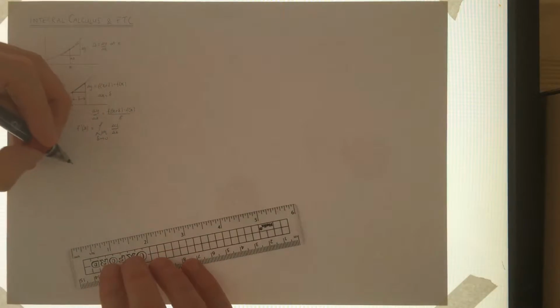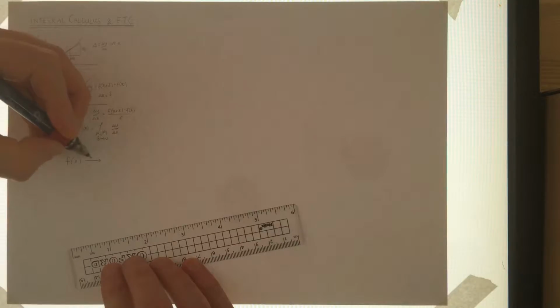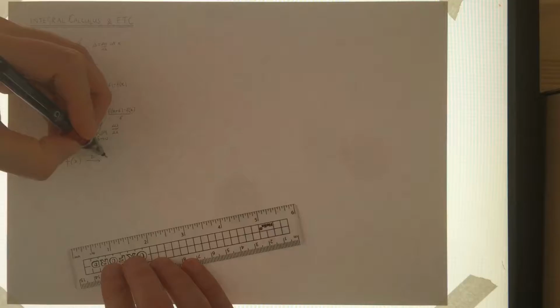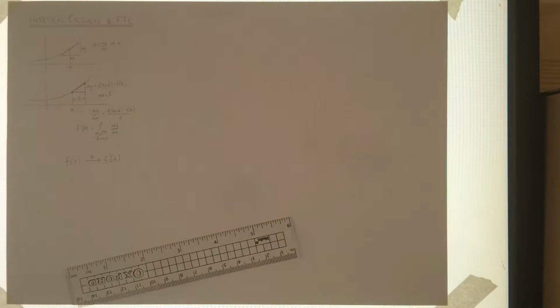So we can differentiate f of x into f dash of x by this process, and geometrically we're getting the slope of this tangent line.